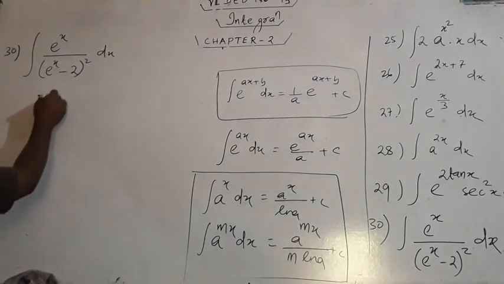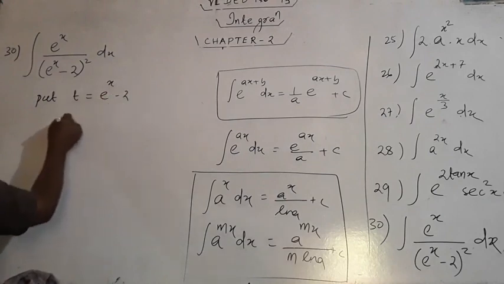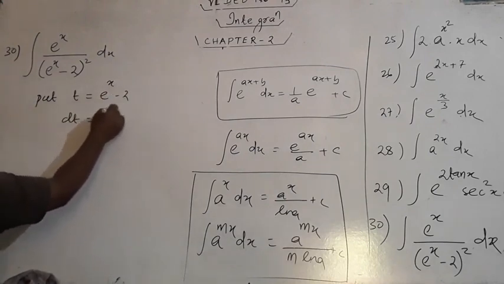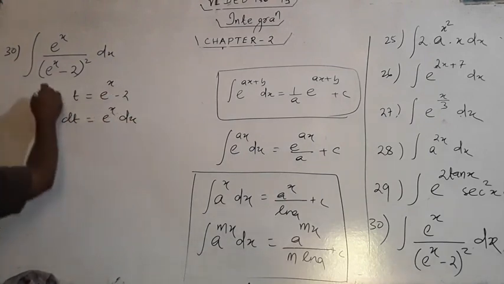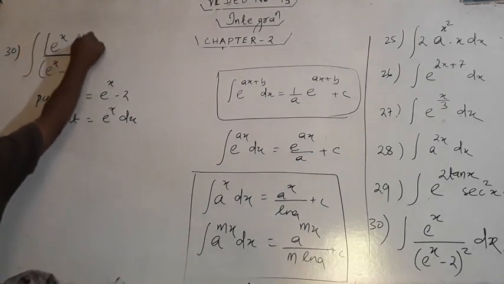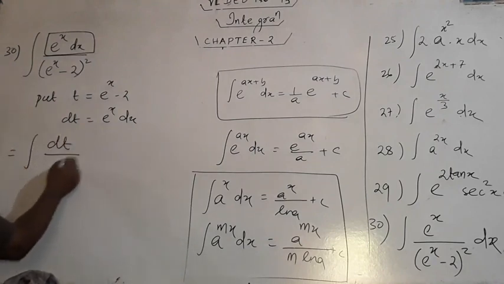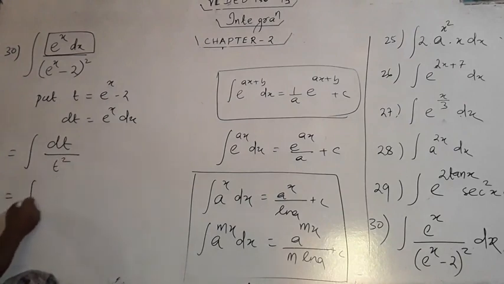Here put t is equal to e to the power x minus 2. Then dt is equal to e to the power x dx. In place of e to the power x dx, what you have to put? You have to put dt. dt by e to the power x minus 2 whole square. It is t square. And it becomes t to the power minus 2 dt.